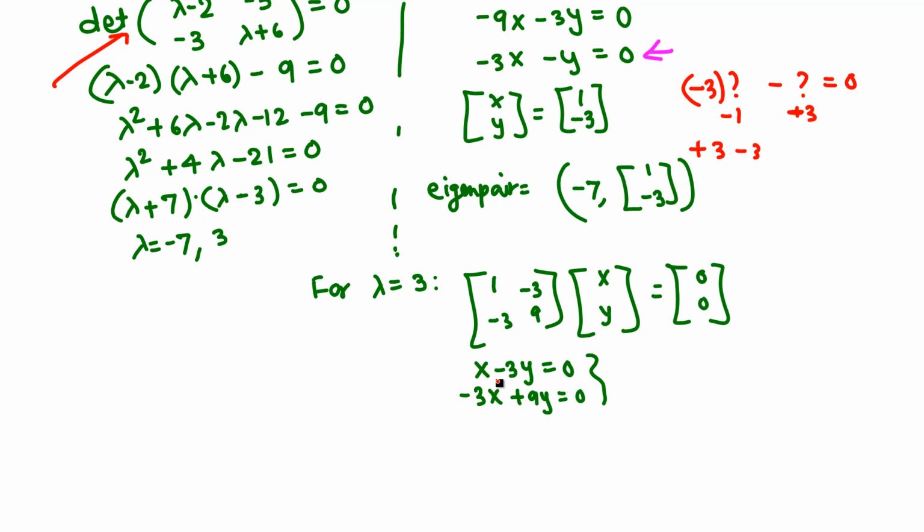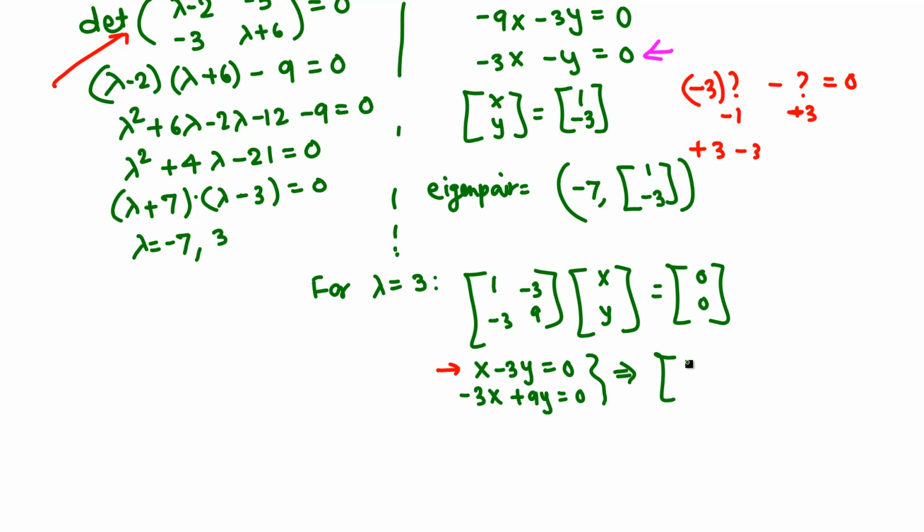That means one equation can be found by multiplying the other by some constant. If we multiply the first equation by negative 3, we get negative 3x, negative 3 times negative 3 is plus 9y. Yes, that's the case. We just want to find one solution out of infinitely many, so we can ignore the second. Let's consider the first, because that's the easier one.